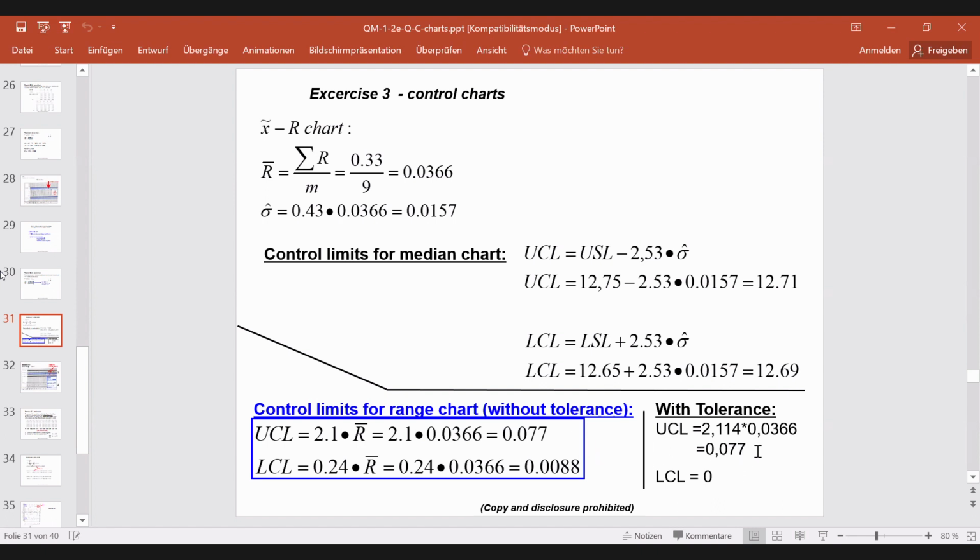So here it's exactly the same value, and here you get 0 and here you get 0.0088. So it's nearly the same. There's not much difference if you take the equations for a control chart without tolerances or with tolerances.